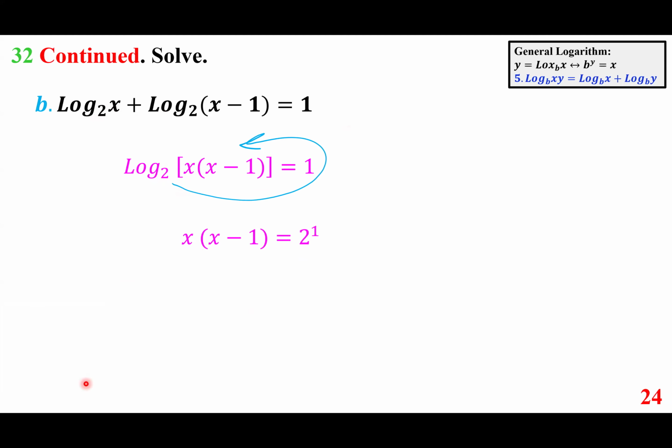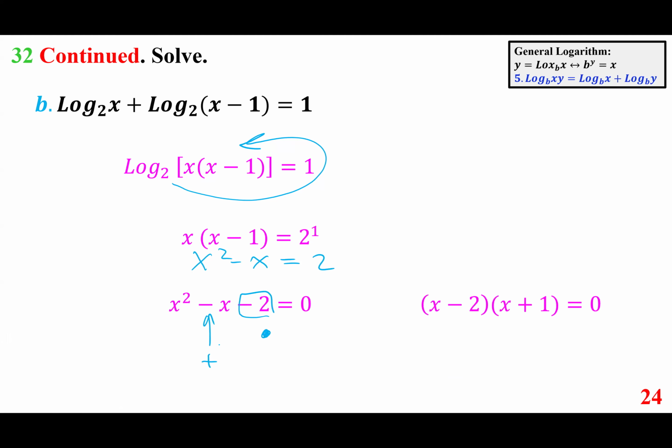This is x squared minus x equals 2. Move them to the left. You want two numbers. The product is -2. The sum is -1: -2 and +1. So x is either 2 or -1.